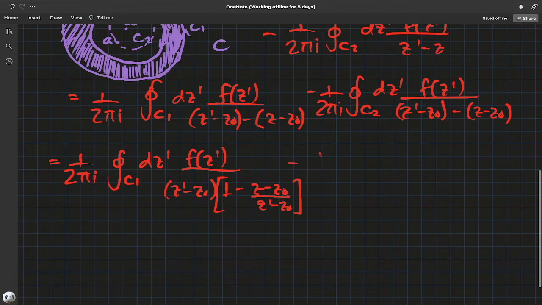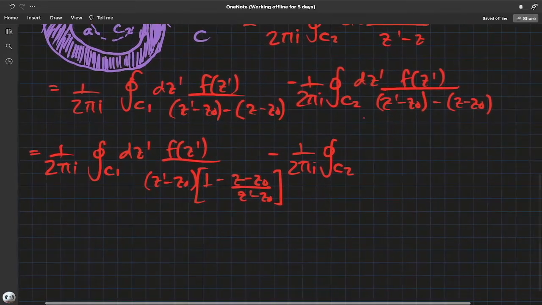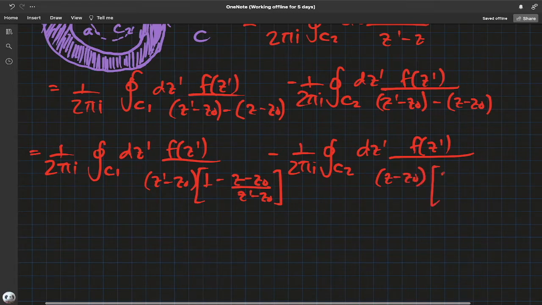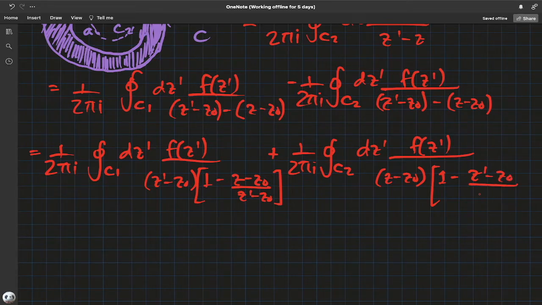For C2 I have, sorry if it's squished together, dz prime f of z prime. I'm going to factorize z minus z0 outside, so with that negative, and reshuffling the denominator, you get a positive here. 1 minus z prime minus z0 over z minus z0.